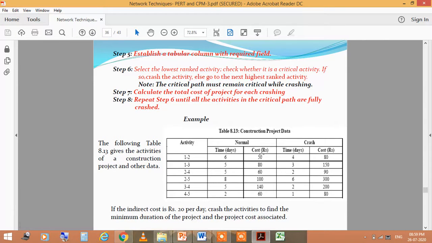You see here in this table, this is the activity and this is the normal and crash time and cost. So if the indirect cost is rupees 20 per day, crash the activity to find the minimum duration of the project and the project cost associated, right?